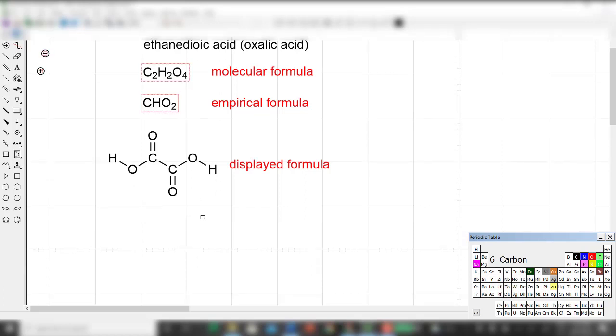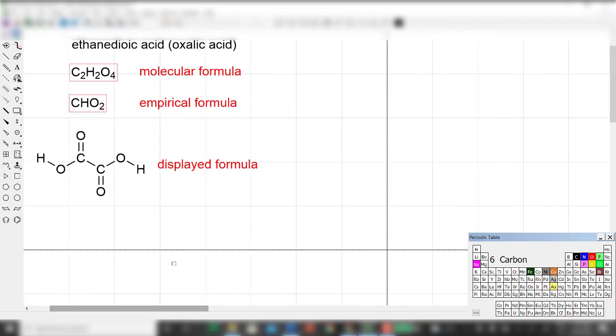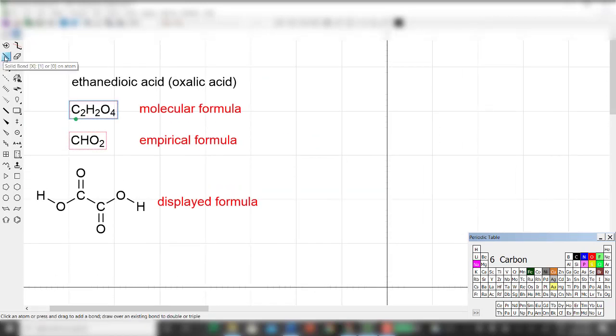So this is where I want to introduce you to this way of writing known as a skeletal formula. Basically for a skeletal formula, you don't show the carbon and the H. So I'm just going to run you through the same idea. If you look at this, there is a carbon here, but I'm not going to showcase it.